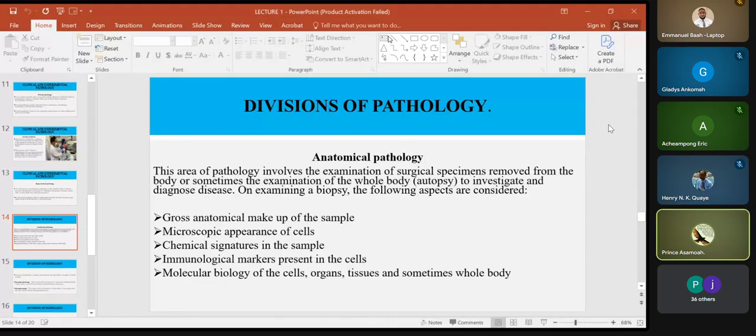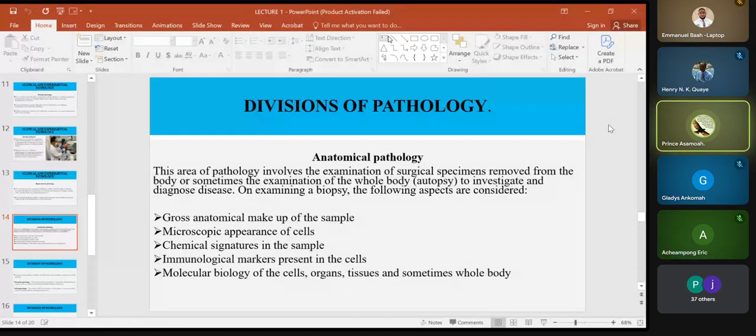Now, we have anatomical pathology. In anatomical pathology, we are looking at body compositions that we can take and observe. It is largely done through autopsies when the person is dead. So we can investigate and diagnose a lot of things.